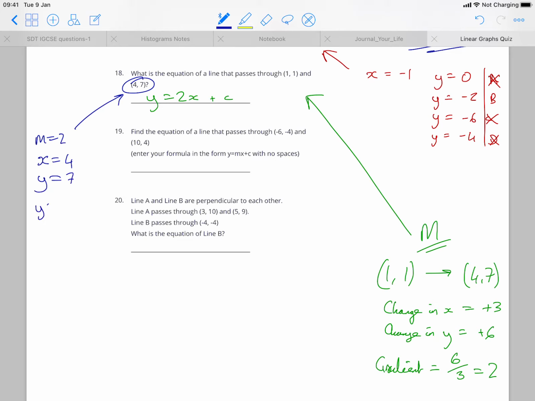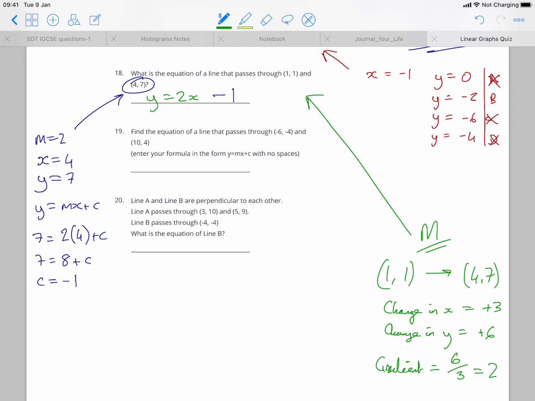So into our equation, y equals mx plus c, y is 7, m is 2, and x is 4. So 7 is equal to 8 plus something, and obviously we need to subtract 1. So on the end, we can say it's -1. And that's how we do it.